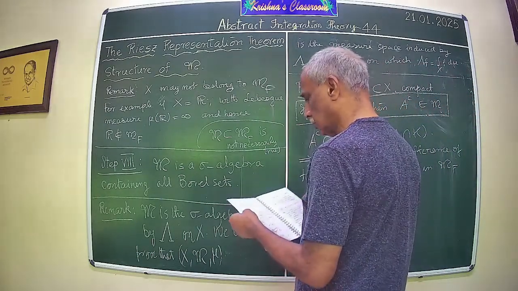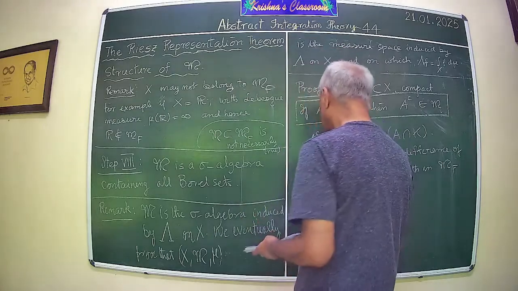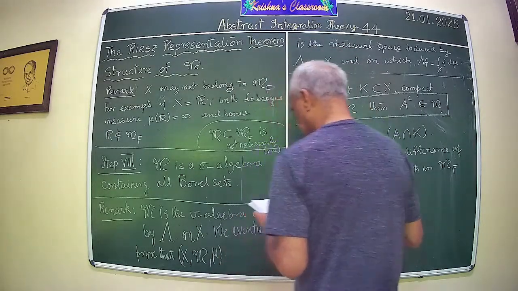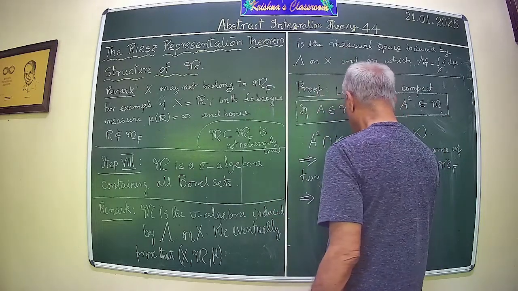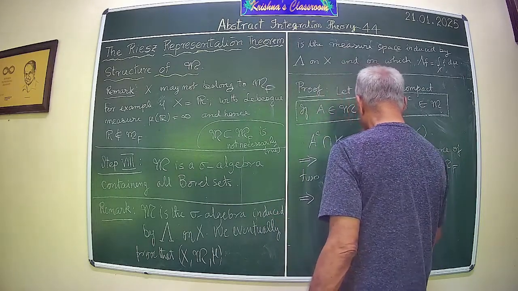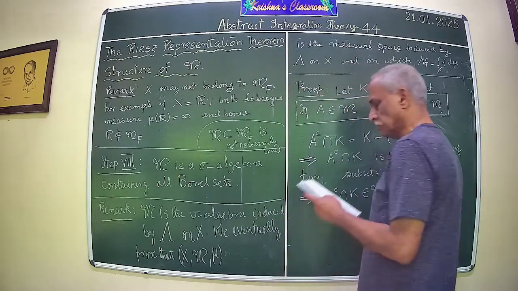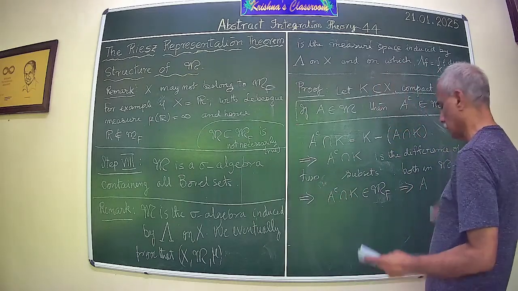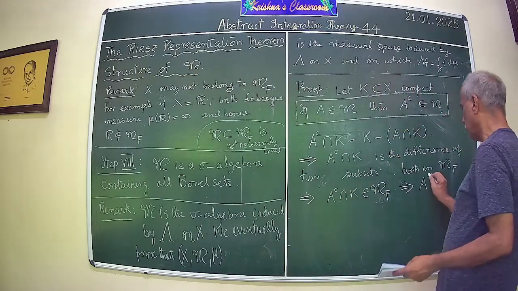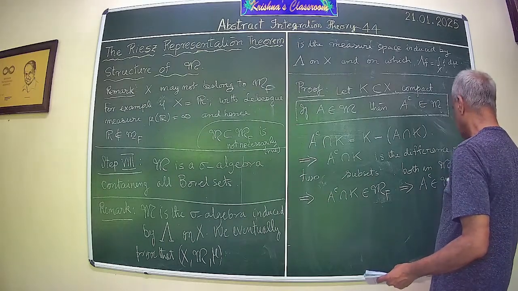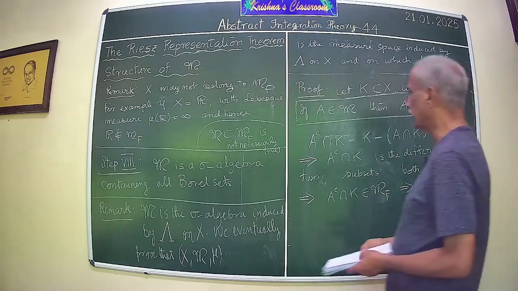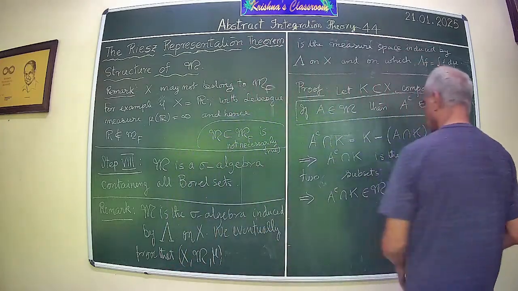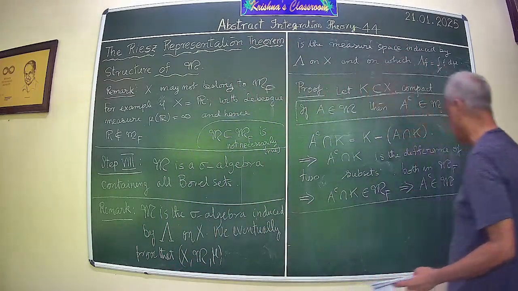Therefore, that implies A complement intersection K is in MF, which implies A complement belongs to M. We started with an A belonging to M and then we proved that A complement belongs to M. So that completes that part.